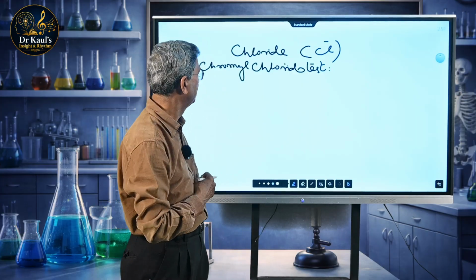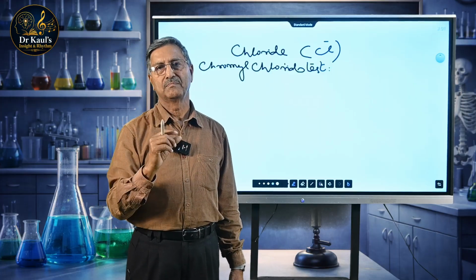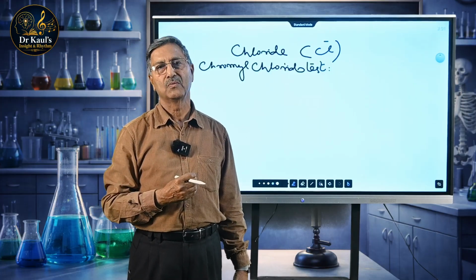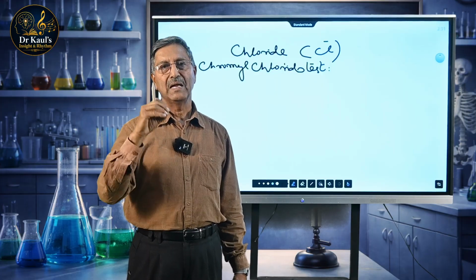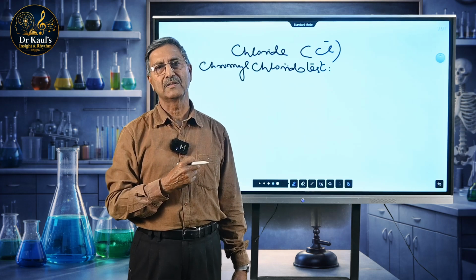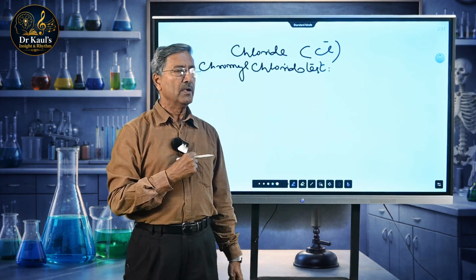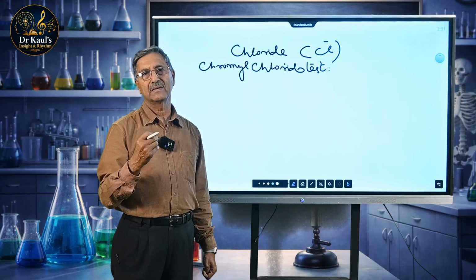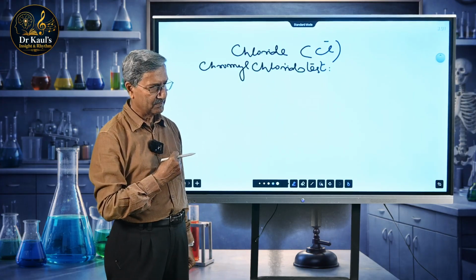In this case, we mix the salt mixture, say about 1 or 2 grams, with the same amount of potassium dichromate powder, and then we add say half a milliliter of concentrated H₂SO₄, and we heat it strongly. During this process we get a reddish brown gas, which is known as chromyl chloride gas.